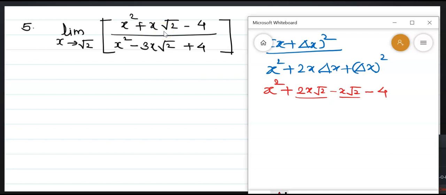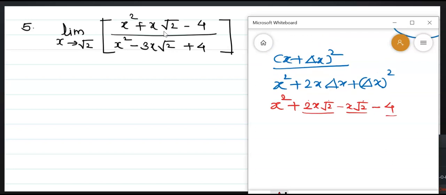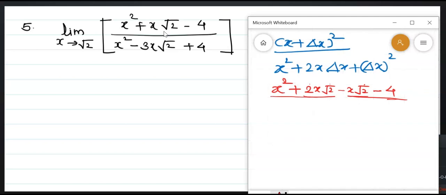And the product of these two is 2 into root 2 into root 2. Root 2 into root 2 will become 2, and 2 into 2 is 4. Therefore, we get this. Now we will take the common from these two and the common from these two.